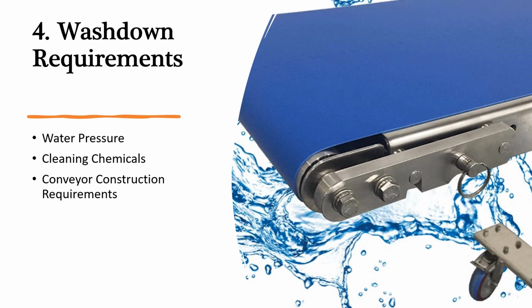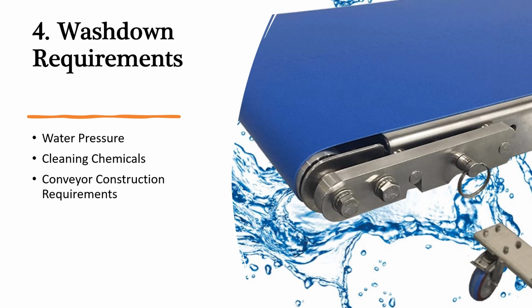Let's say you have to design a conveyor for a dairy, where there is frequent wash down of the conveyor. The motor which you have selected should be IP67. Then the cleaning chemicals can affect your belt material. Let's say you have a belt conveyor, they can affect your belt material, and that's why you should know whether your conveyor is going to be in some hazardous environment.